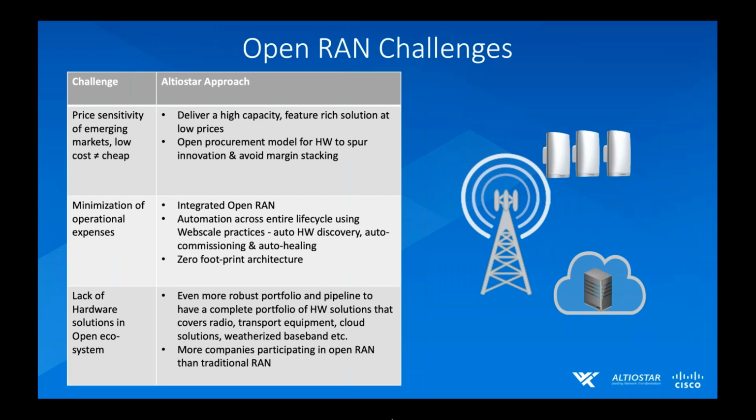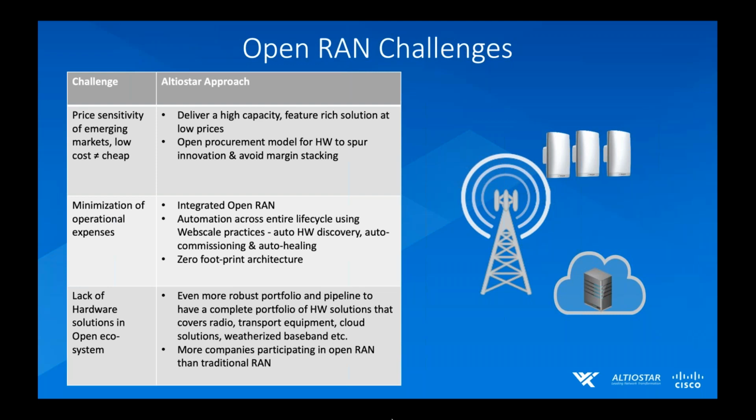Well, the answer to that is that Altiostar is building what we call the integrated Open RAN approach, right? What that means is that we will work with partners like Cisco and the radio vendors, be it like Airspan, KMW, Fujitsu. We will work with the whole ecosystem to not only integrate, but to certify and test and ensure that it is a complete carrier grade solution.